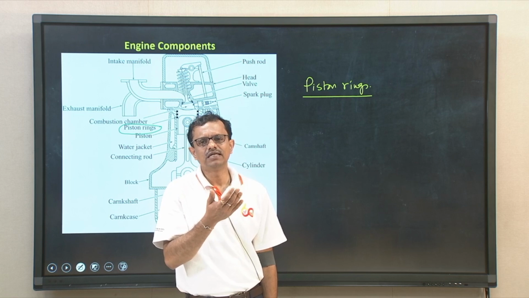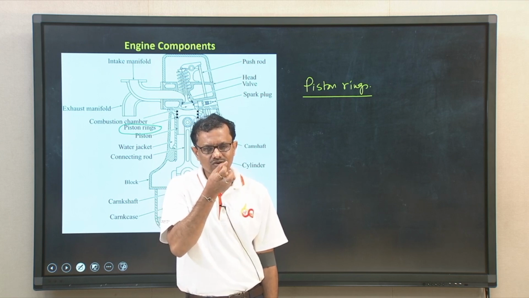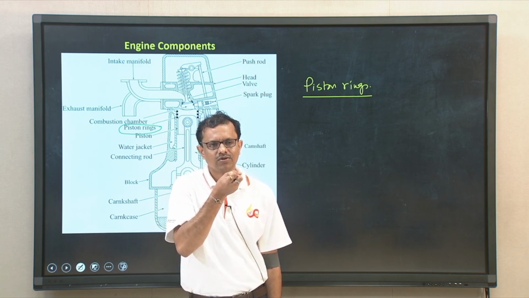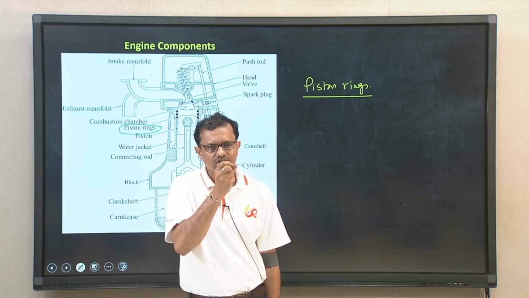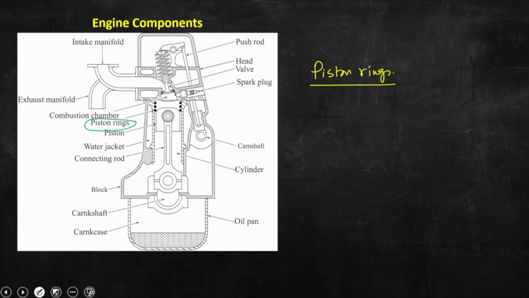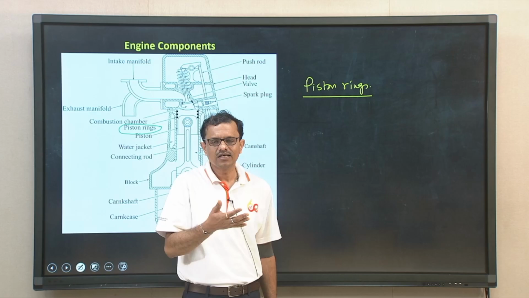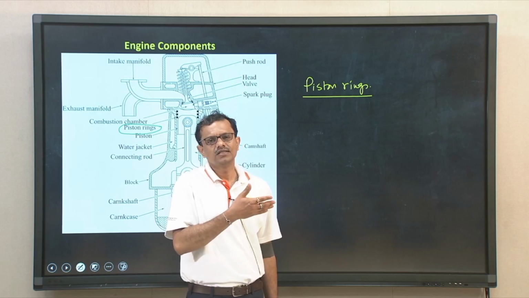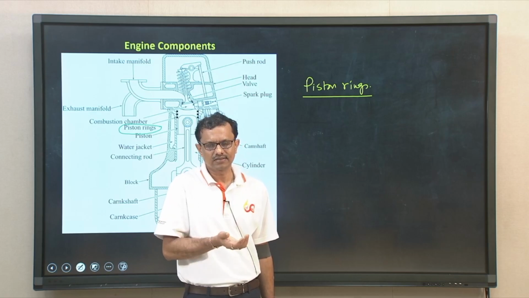There will be a possibility that high pressure combustion products will leak through the passage between piston and cylinder inner wall into the crankcase. So, if we do not provide piston rings, that will be a probable case.